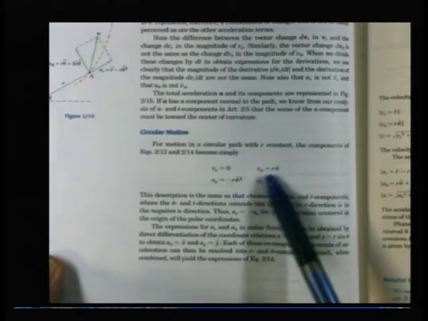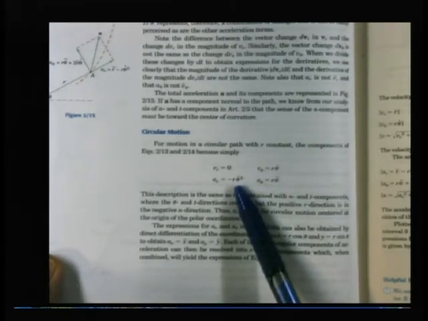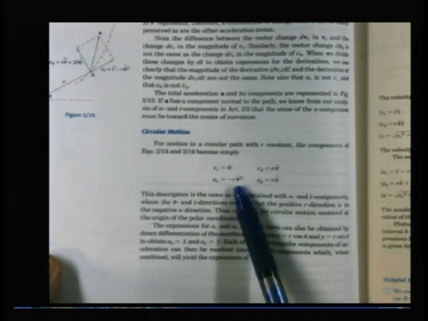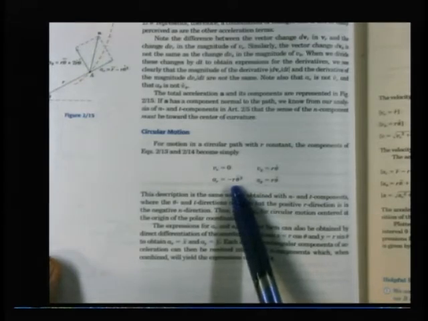And then look what happens on the acceleration. There is no r dot on the acceleration. So if there's 0 r dot, then that means r double dot is 0. So you only get this acceleration term, which is pointing which way? Back towards the center of the circular motion.